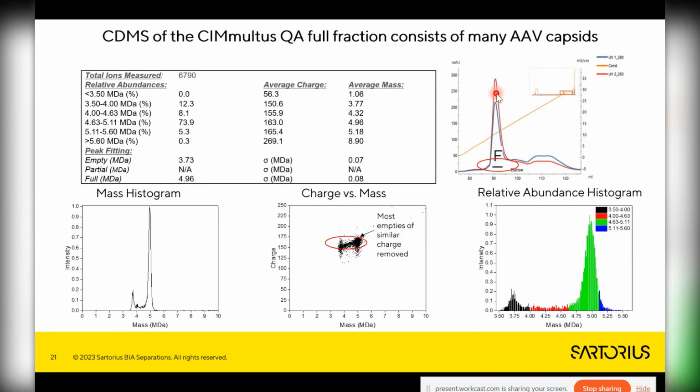We did purification also on the column, and also on the column we see enrichment of the fulls, but still quite a lot of partials and also some empties. So neither of these two approaches really results in almost 95% full, with almost no empties and almost no partials.